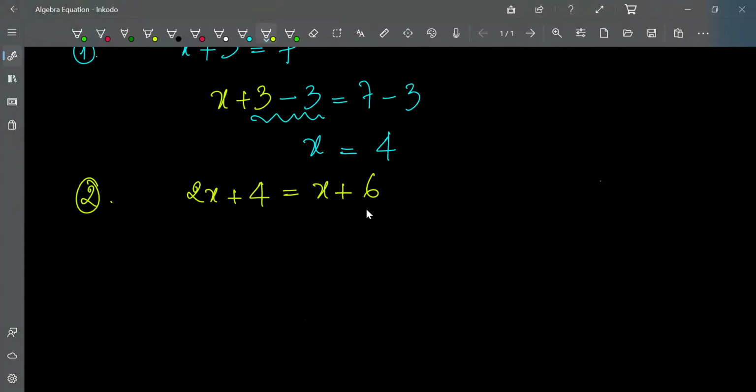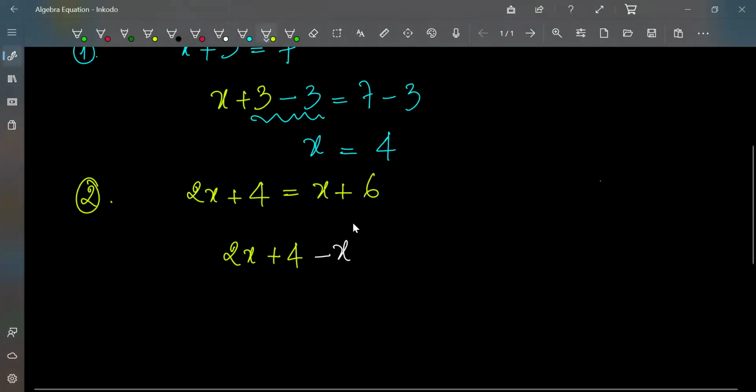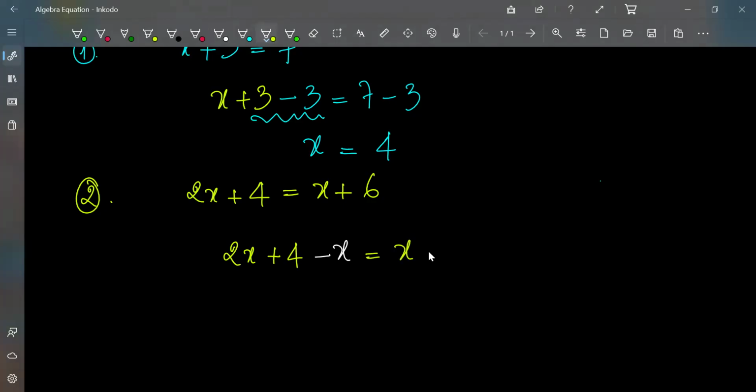Yes, you add the negative x in both sides. Okay, so now I add the negative x in both sides.